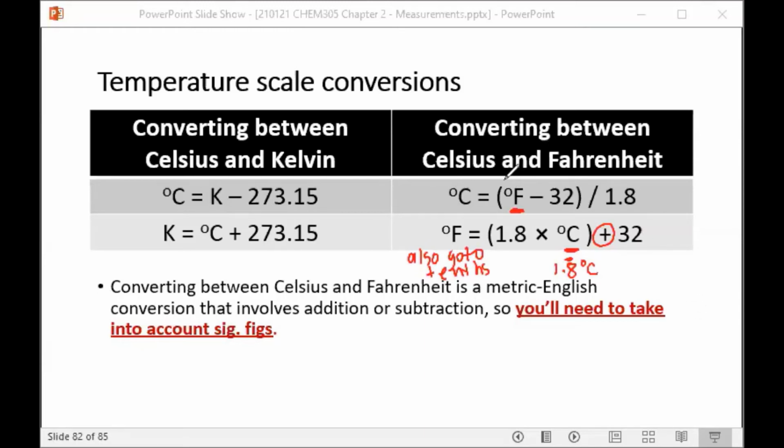Same thing going from Fahrenheit to Celsius. Let's say you start with a Fahrenheit temperature of 35 degrees Fahrenheit. Your precision is in the ones place. So that means your ending temperature in Celsius will also go to the ones place.